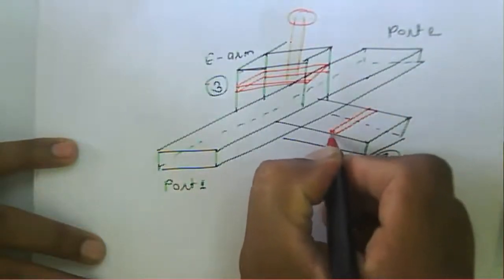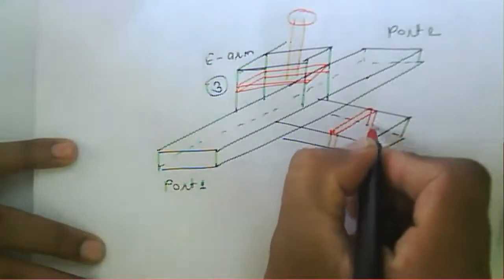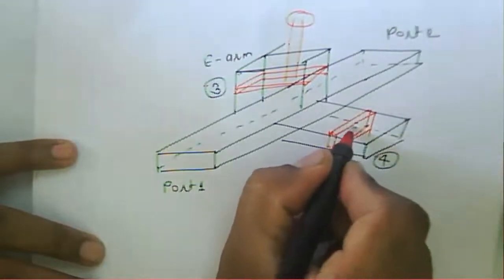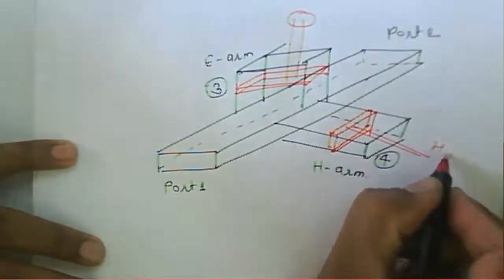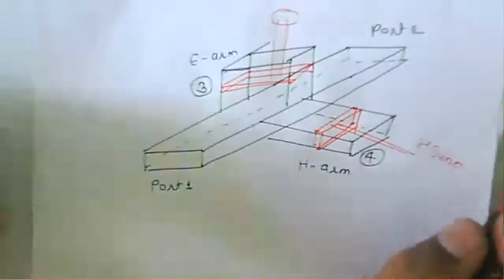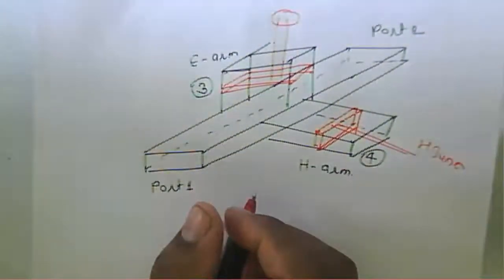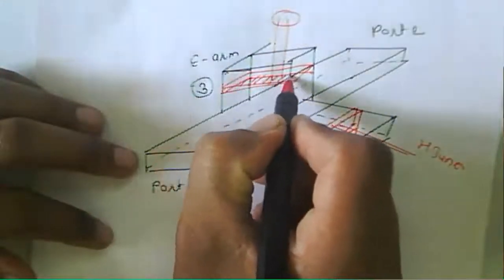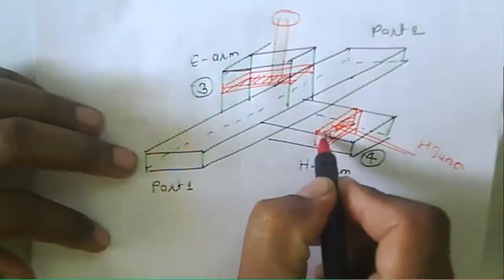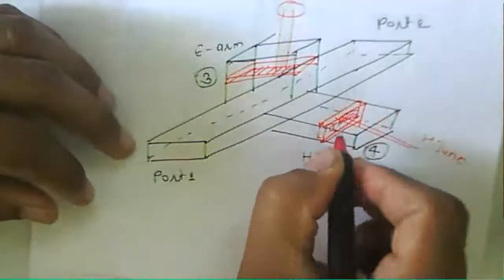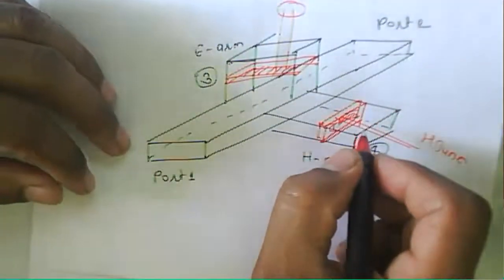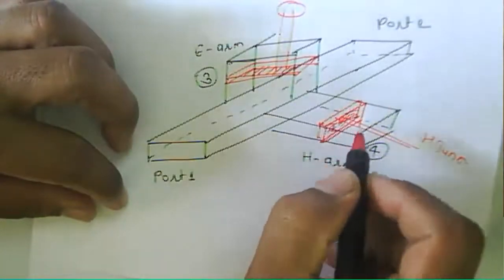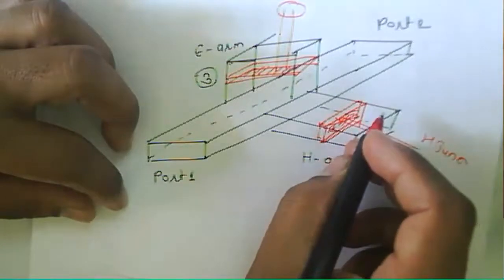Likewise, this is about an E tuner and this is about an H tuner. This arm can be used as a tuner. At various places for this E or H plane, we can consider a short, or a stub.